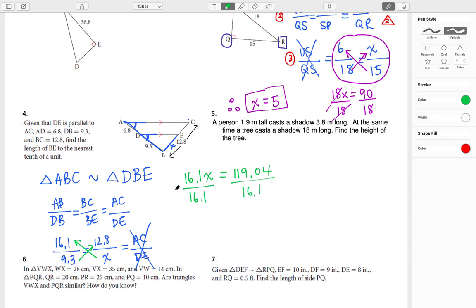So 16.1 and 16.1 cancel. Therefore x is equal to 7.4 when you round to one decimal. And that's it. So I can rewrite this: x, the length of BE, is equal to 7.4. And that's your final answer.